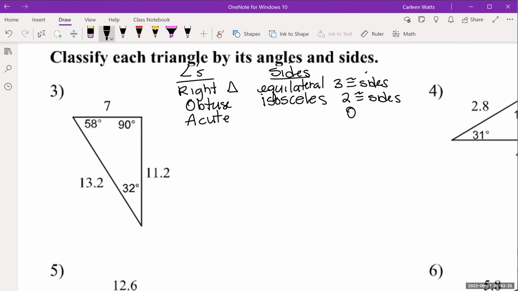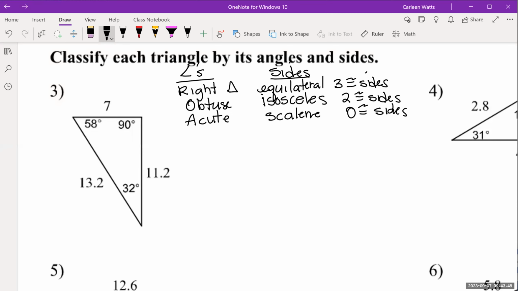Zero equal sides, congruent sides. We'll talk about the difference between equal and congruence in a minute. And someone already said it: scalene. Now, you guys aren't going to call me this. My first name is Carlene, so I remember scalene because it sounds like Carlene.